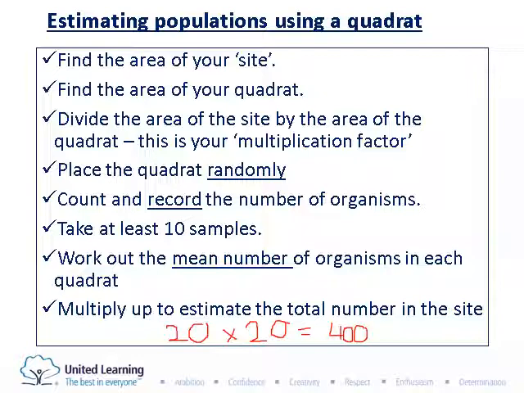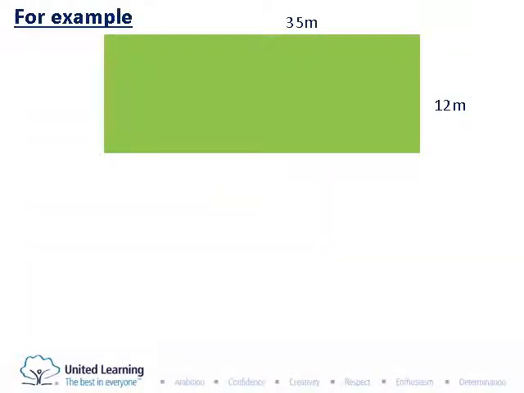So let's do an example together using some numbers. So this is my area that I want to take my samples from and to make an estimate for the number of organisms in this area. So I've got my length and width labelled, which are 35 and 12.